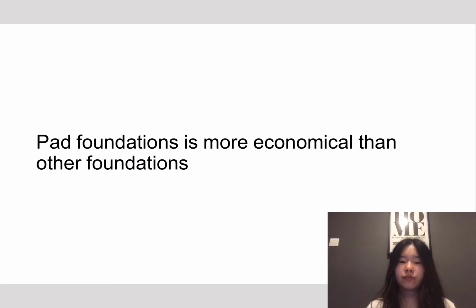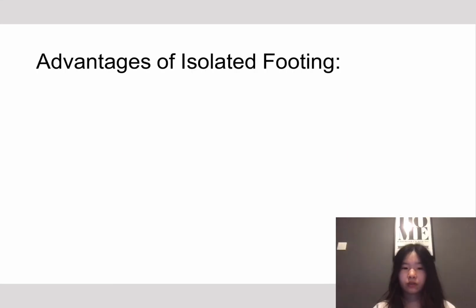This type of footing is the most economic compared to other types of footing, because the isolated foundation has fewer consumables than other foundations. No piling is required. The construction is simple and the construction period is short.